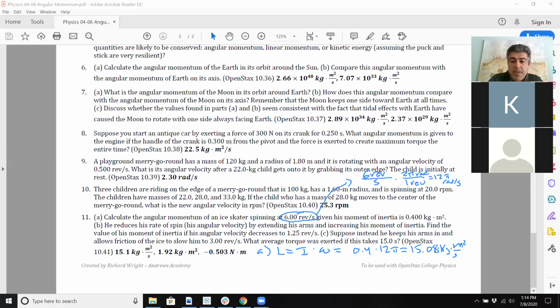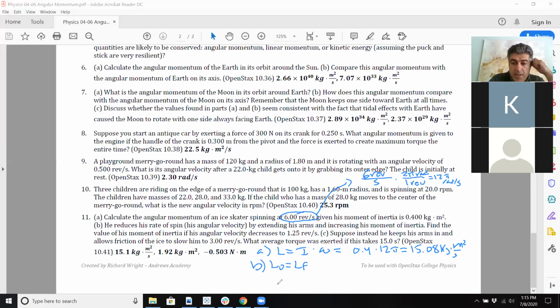Okay, so that's easy. Part B: he reduces his rate of spin, his angular velocity, by extending his arms and increasing his moment of inertia. Find the value of his moment of inertia if his angular velocity decreases to 1.25 revolutions per second. In this case, you're conserving it, right? Remember, L0 equals LF.